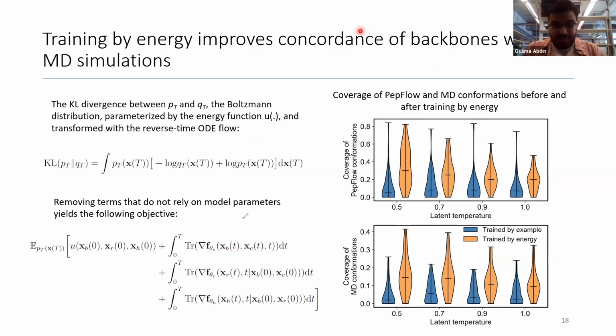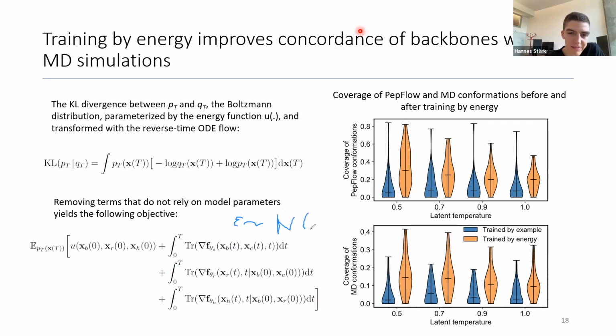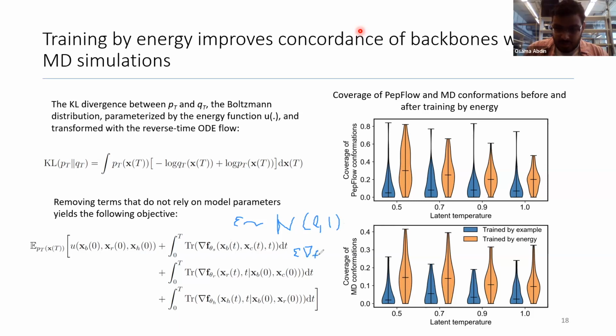You sample epsilon from, we can just say, a Gaussian, Normal(0, 1), and the estimate would be epsilon times the Jacobian of f, or here, this would be the transpose.